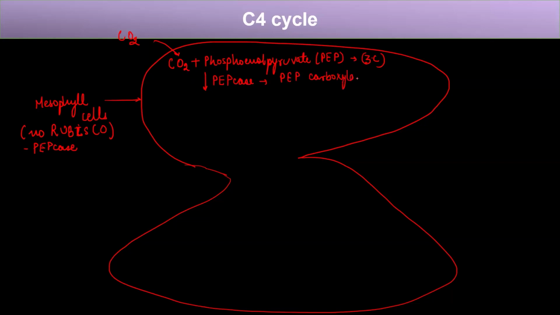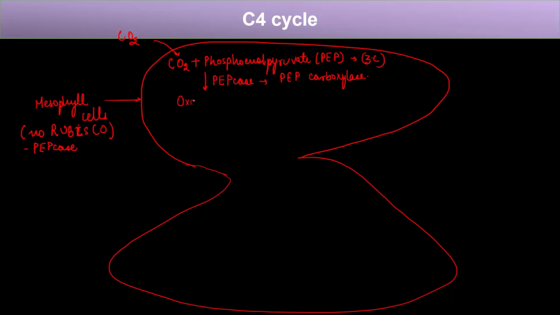Because this phosphoenol pyruvate is 3-carbon and carbon dioxide is 1 carbon, it gets converted into a 4-carbon molecule.